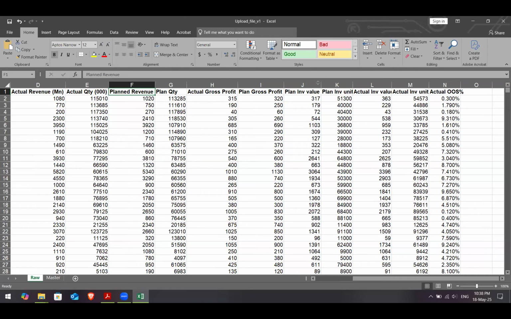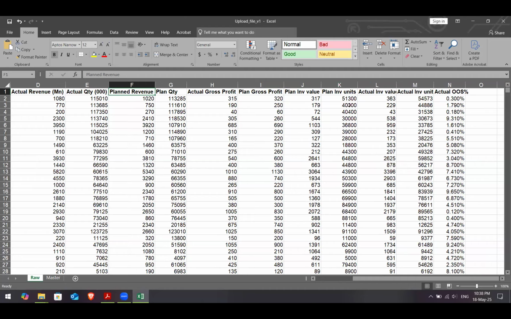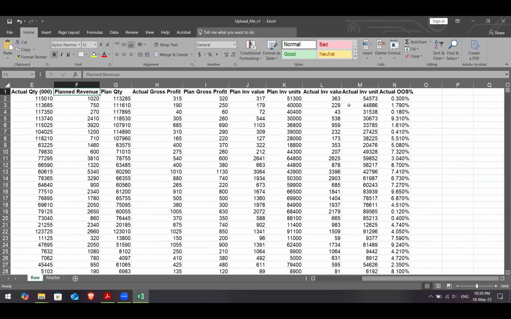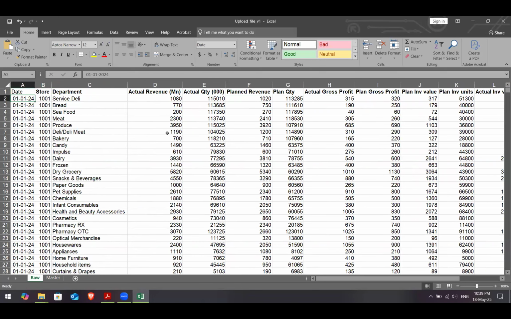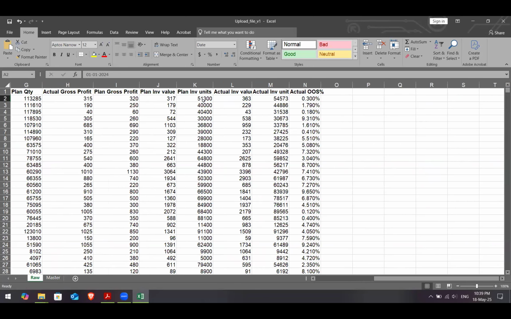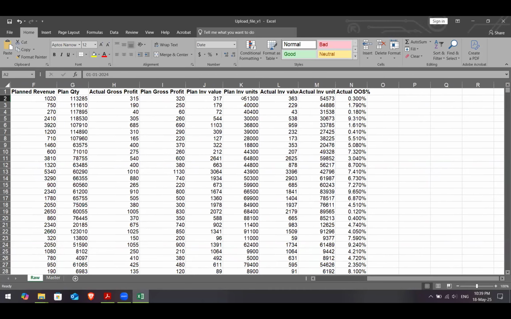And the inventory value. Let me start with inventory unit. Inventory unit is the stock that you buy. This is for the month of January: the stock that you plan to buy is like 51,000. The inventory value is the inventory units times the cost of a single piece.